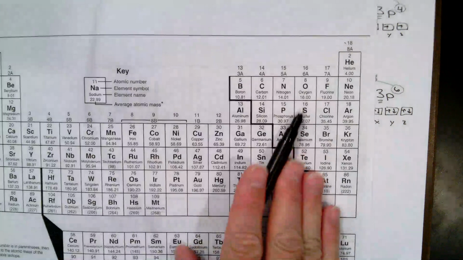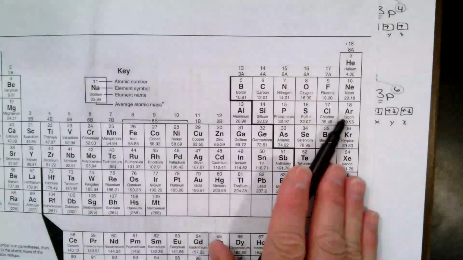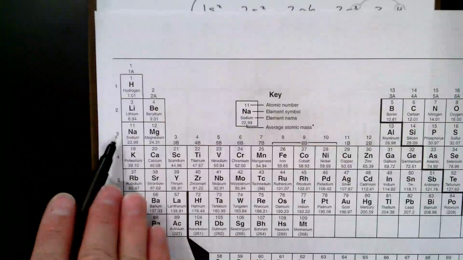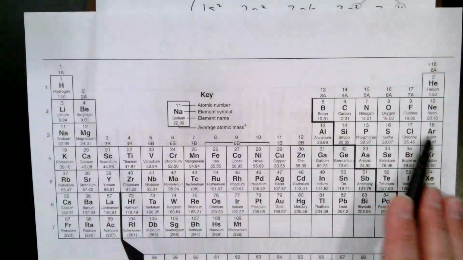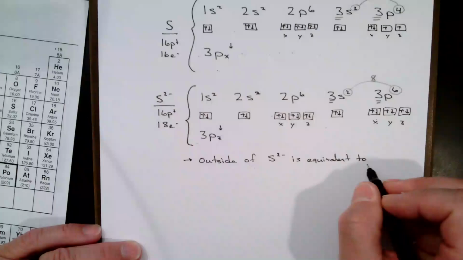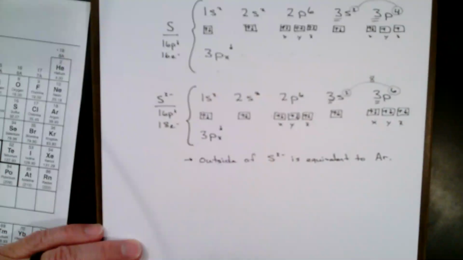Well, S is here with 16 protons, 16 electrons. It's trying to gain 2 electrons. When it gains 2 electrons, it now has 18 electrons. So the last electron is a 3pz down. It finishes with 3p6, and 3p6 is argon. So the outside of S2 minus is equivalent to argon.